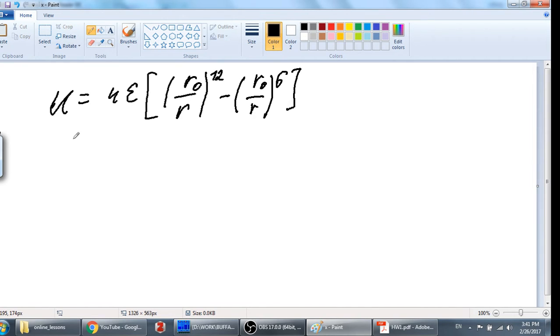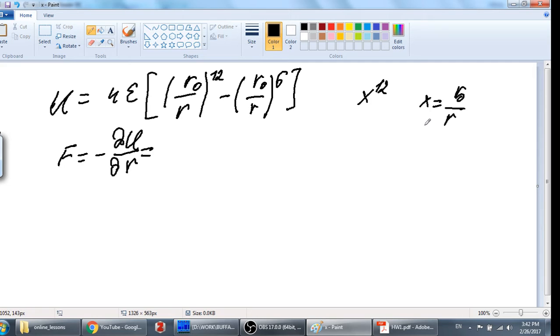Now we want to compute the derivative of U, so the force is minus dU over dr. Think about this: you have a function of a function, basically something like x to the 12, where x is r naught over r. So we have a function of an argument which is also a function of another argument.